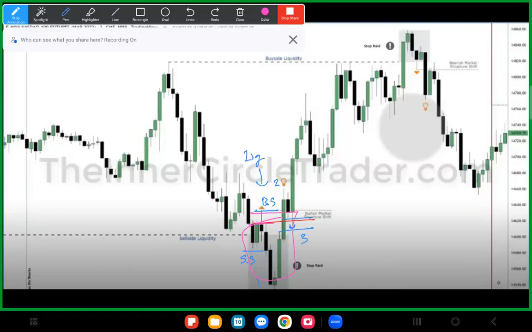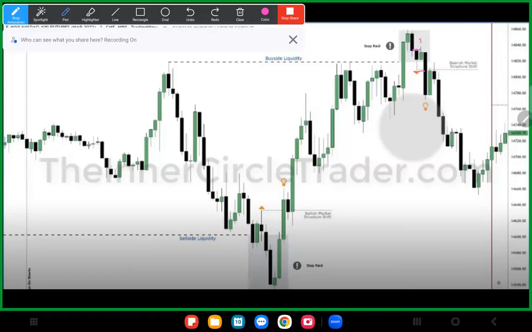Now let's take a look at that intrabank dealing range, that fractal version of it, and how it can also apply within this range of price over here. So notice here how we sweep this candle's high, and then we sweep this candle's low over here, right?